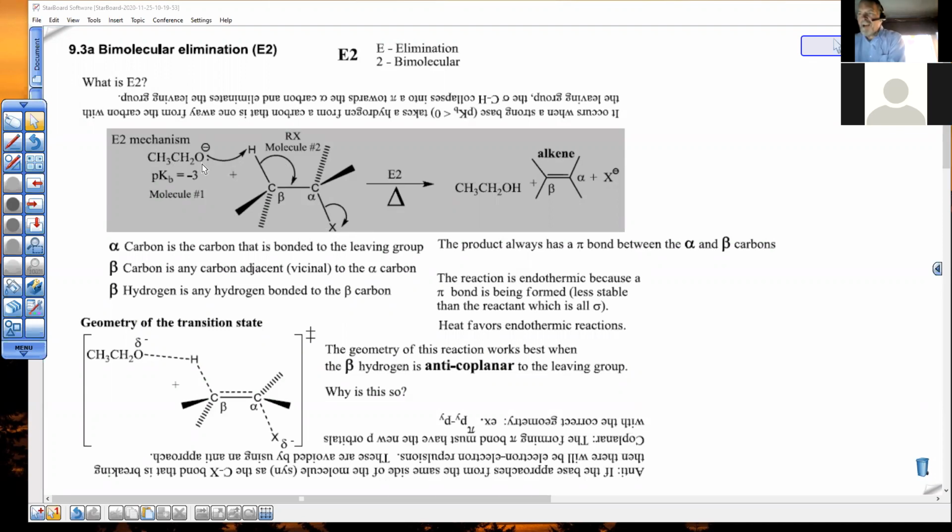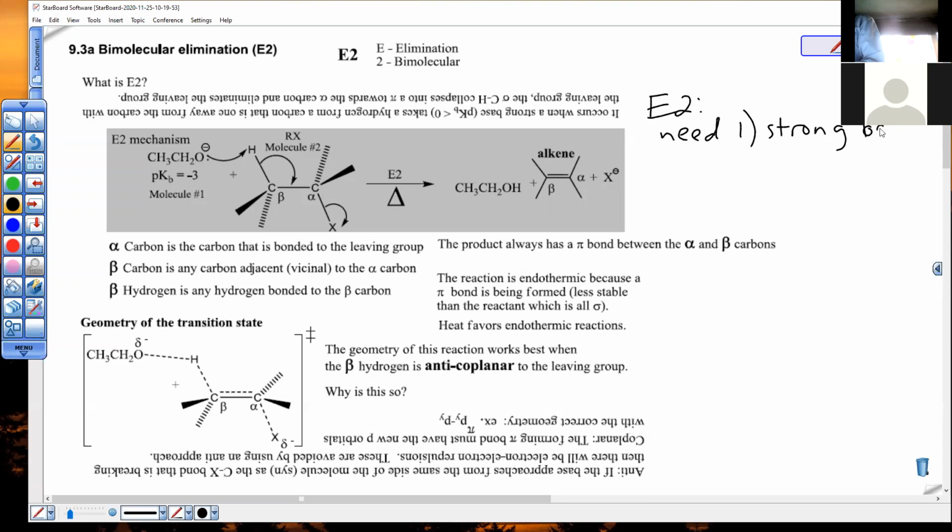That in and of itself does not make this an E2 reaction. If we have a strong base, that is half the criteria. Need E2: need 2 parts. Strong base. Also need heat. Why do we need heat?